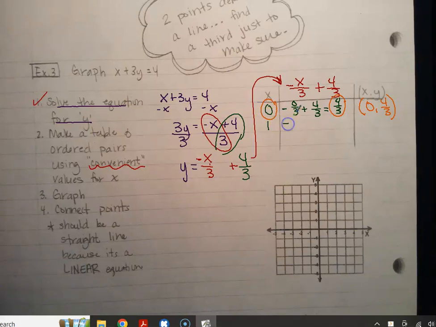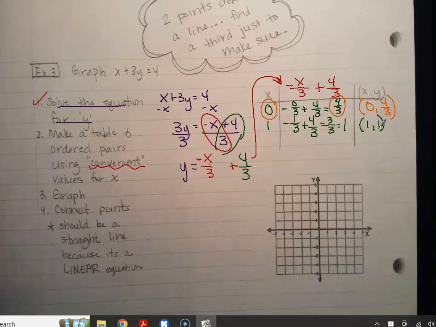So we're going to have negative 1 divided by 3 plus 4/3. Well, hey, negative 1/3 plus 4/3 equals 3/3, which is 1. That is very convenient because we ended up with a whole number. So 1, 1 is our ordered pair here.